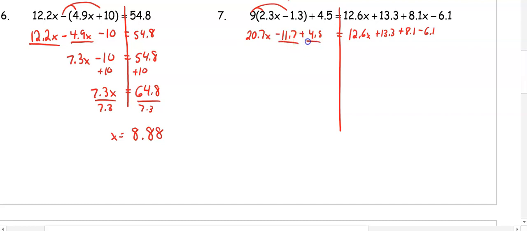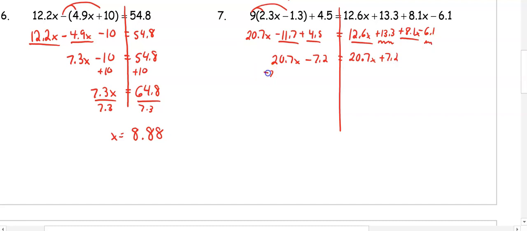So negative 11.7 plus 4.5, we get 20.7x minus 7.2 equals, we can combine our x's. So we get 20.7x, and then we can combine our numbers. So we get positive 7.2.